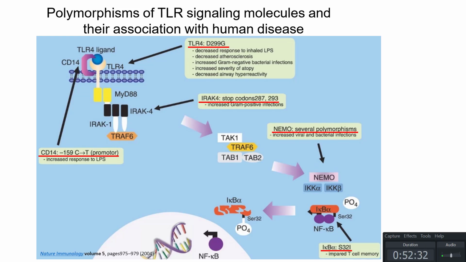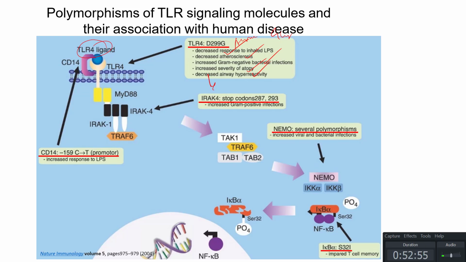So here you see the TLR4 polymorphism, that is D299G, which is aspartic acid to glycine, that will lead to a decreased response to inhaled LPS, decreased atherosclerosis, increased gram-negative bacterial infections, increased severity of atopy, and decreased airway hyperreactivity.